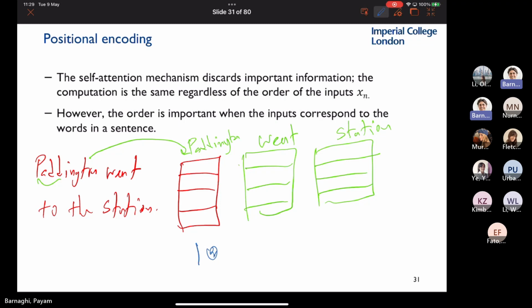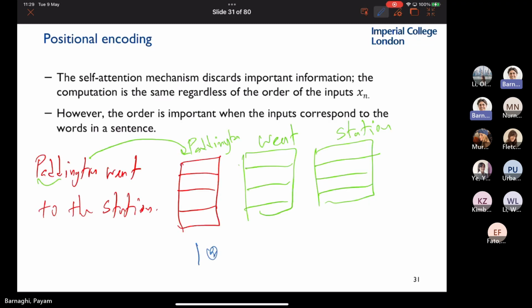Let's say not 0, 1; computer science always starts with 0, but I did 1, 2, 3. And how do we embed this information into this vector? Because we don't have any other dimension. Our model doesn't get position separately, it gets only these vectors. How do we add this to the vectors?